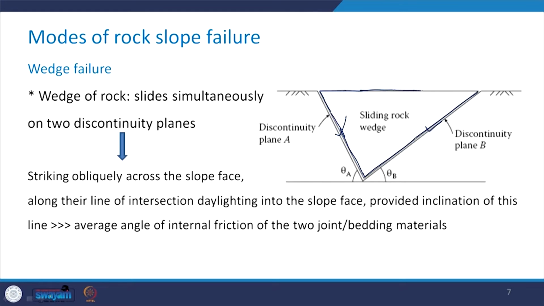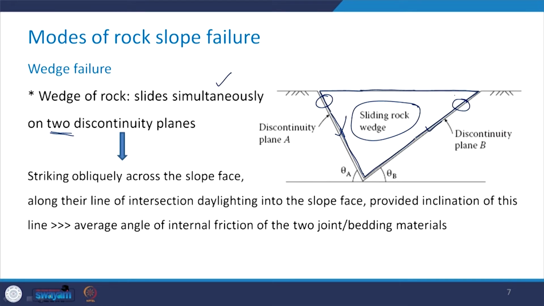This wedge is going to be the sliding rock wedge. So, this wedge slides simultaneously on two discontinuity planes, which have been shown here as plane A and plane B.